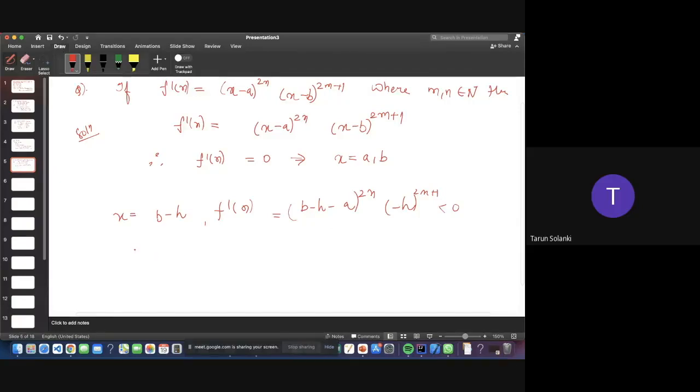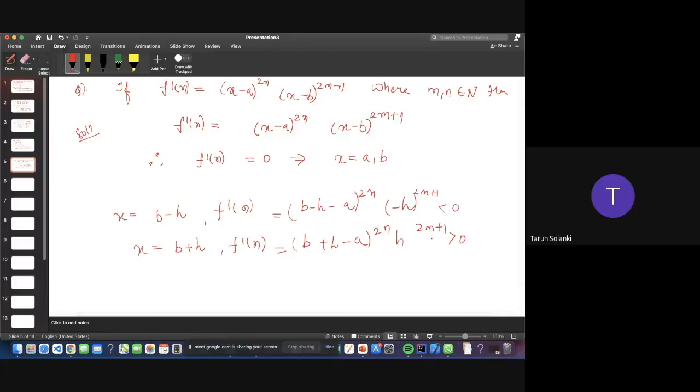For x equal to b plus h, f dash x is equal to (b plus h minus a) to the power 2n times h to the power 2m plus 1, which is greater than 0.